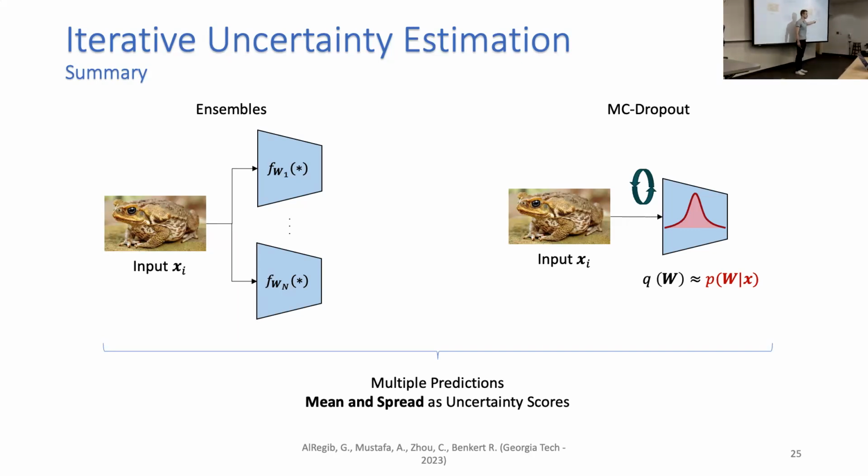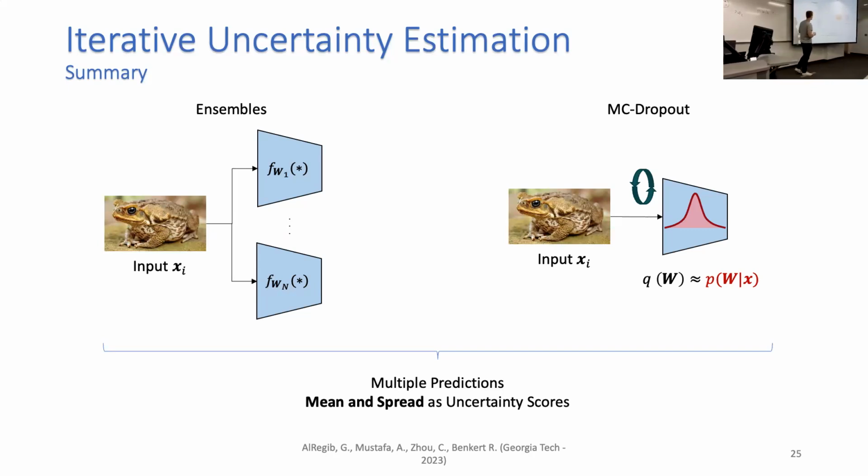You just turn on dropout during test time and you train it with dropout. So super easy to implement. You don't need a fancy model or anything. This one here is also very simple. I just train a neural network, the same neural network even, and I can just switch out the seeds. So the ideas behind them are super simple to implement.